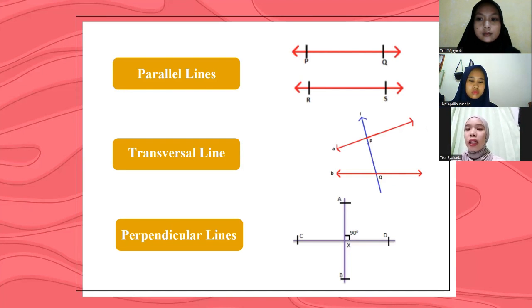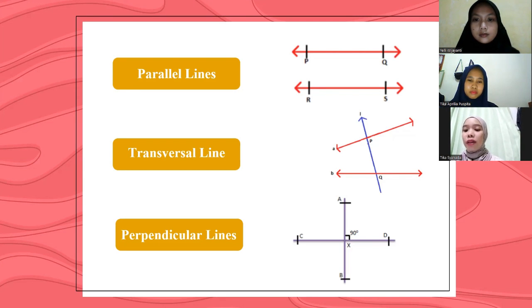Okay. For parallel lines, two lines are said to be parallel when they do not meet at any point in a plane, or do not intersect each other. And in the figure, you can see lines PQ and RS are parallel to each other.